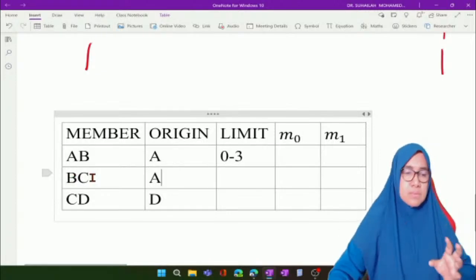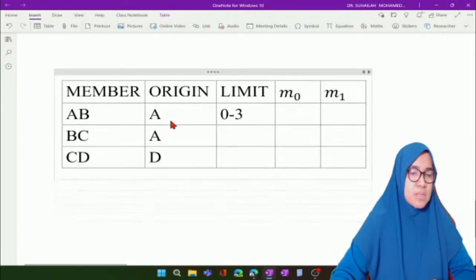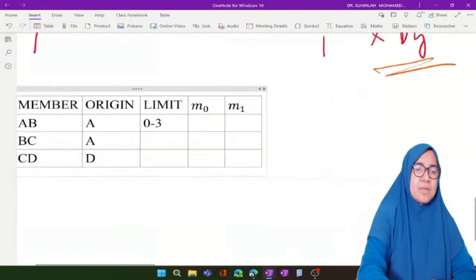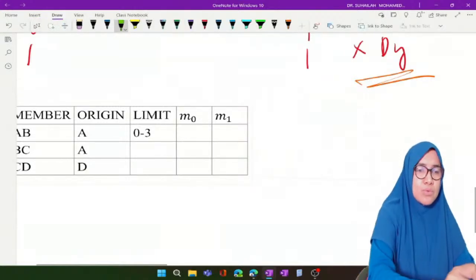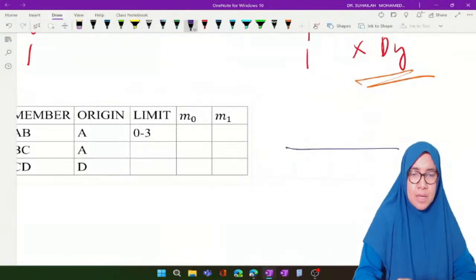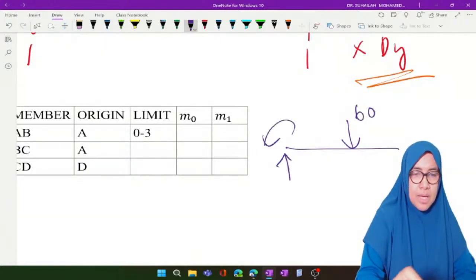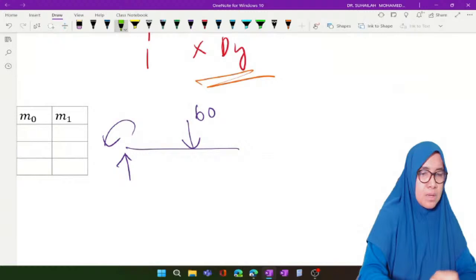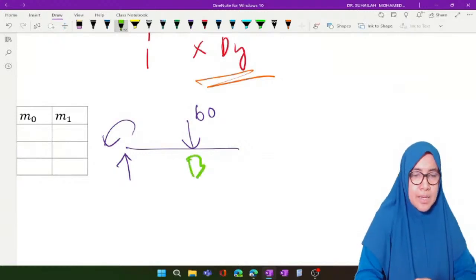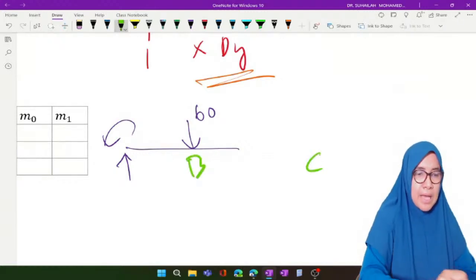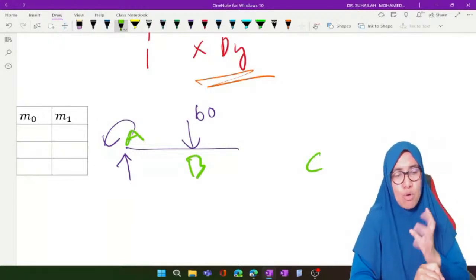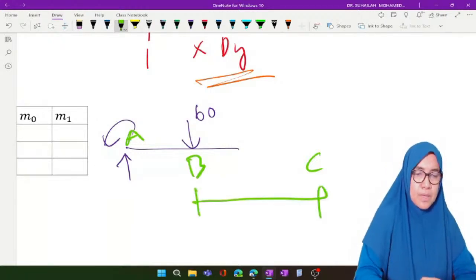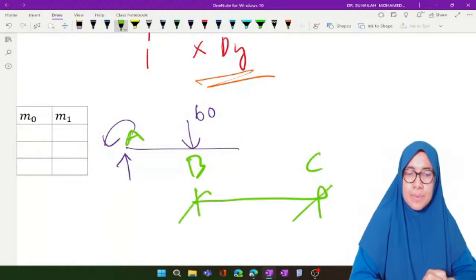So it cannot start at 0. In writing the moment equation, we have to understand one thing. We want to write a moment equation like this. This one is B. This is C. A is outside B and C. And we want to write a moment equation that is true between B and C only.